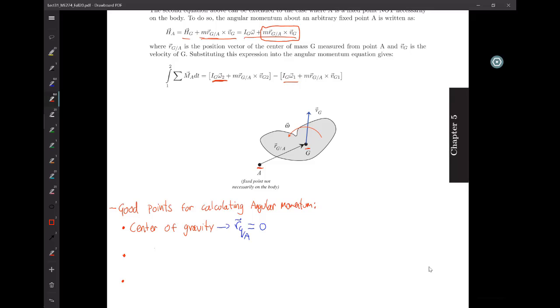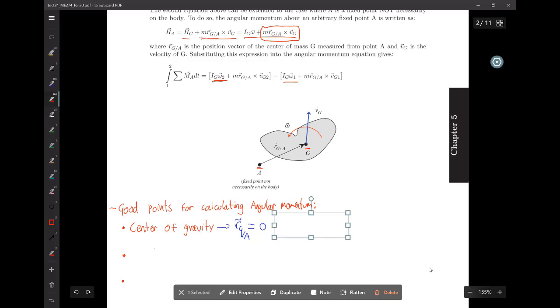So center of gravity, if you are in doubt of which point to use, that is the one that you should choose, because you can always find the moment of inertia of your rigid body about the center of gravity.